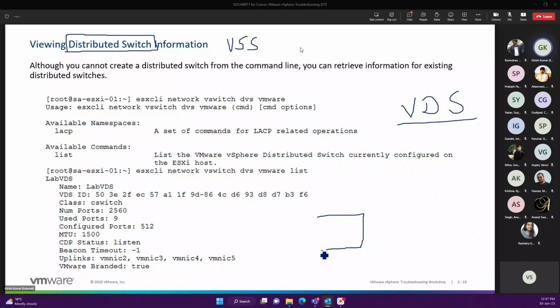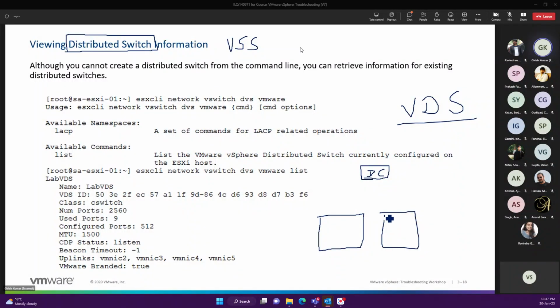Yes, absolutely correct. But we create this vSphere distributed switch at the data center level, not at the cluster. Even if you have two clusters, we can share the same VDS. Data center level only, we can create it. We need vCenter Server and an Enterprise Plus license, or a vSAN license if you have it, then you can also use it.